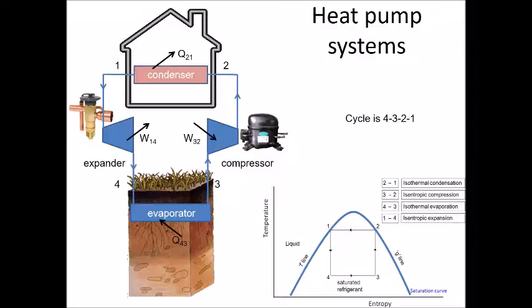So this diagram, possibly compare it to the fridge. In the case of the fridge, the food compartment is the evaporator, and that black radiator where we're just dumping heat to try and get rid of it is the condenser. But in the case of the heat pump, the condenser is the central heating system within the property that's being warmed itself.